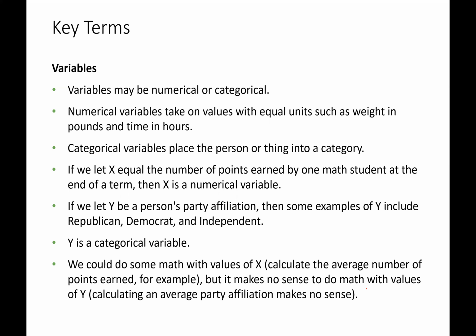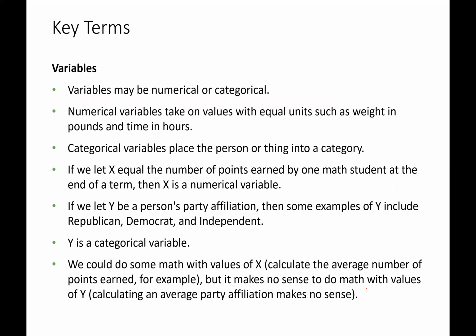If we let capital X equal the number of points earned by one math student at the end of a term, then X is a numerical variable. If we let Y be a person's party affiliation, then some examples of Y include Republican, Democrat, and Independent.